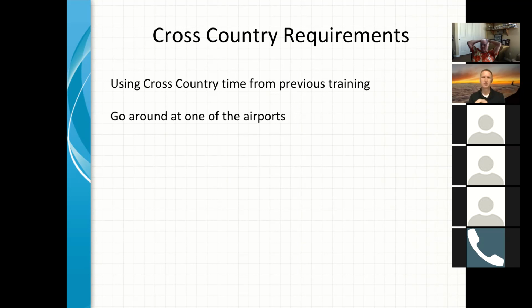Just write in the logbook, I went to these airports, full stop landing at each airport.